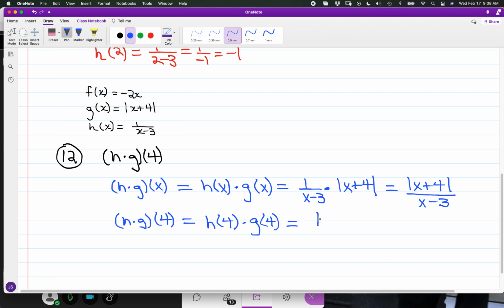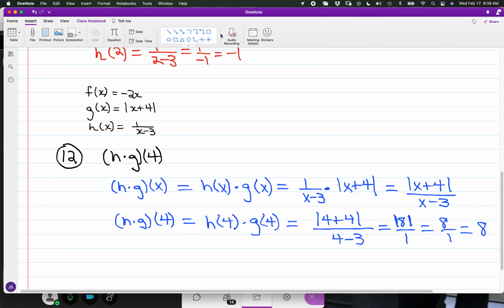We have the absolute value of 4 plus 4, all over 4 minus 3. So we have the absolute value of 8 over 1. The absolute value of 8 is 8, over 1. So for this output, we arrive at the value of 8.